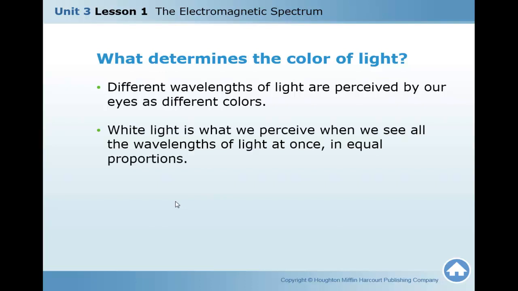Different wavelengths of light are perceived by our eyes as different colors. White light is what we perceive when we see all the wavelengths of the light at once in equal proportions.